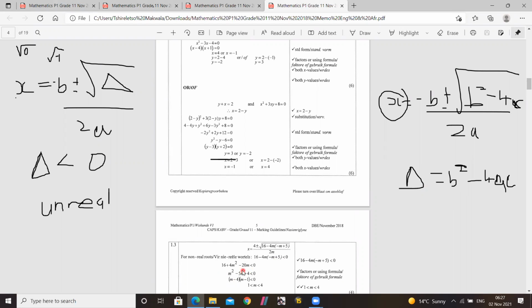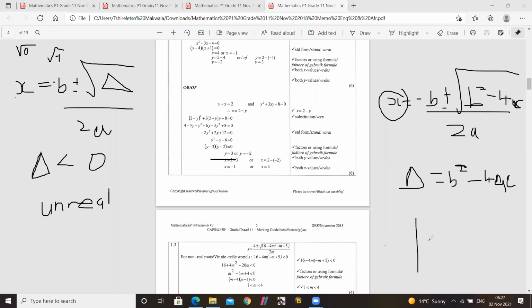Then they multiplied it out. Normal inequality. You just use the same rules. So first you're going to calculate your critical values. Then after calculating your critical values, draw that sketch. Then assess where that graph is less than 0.